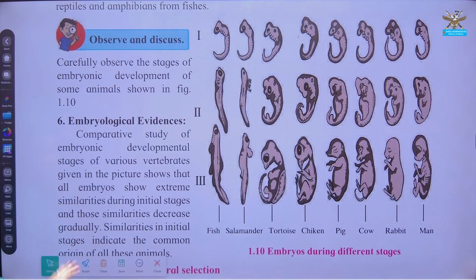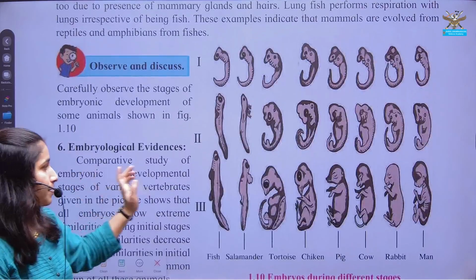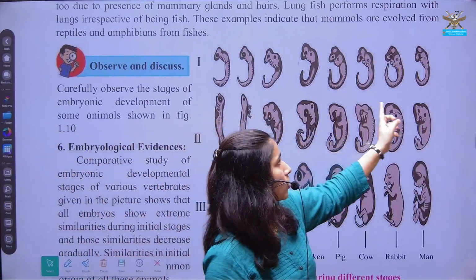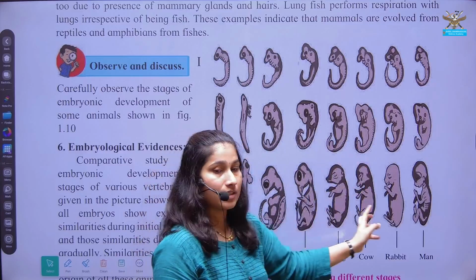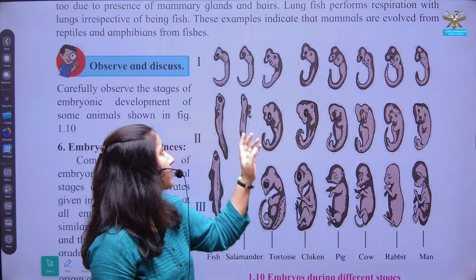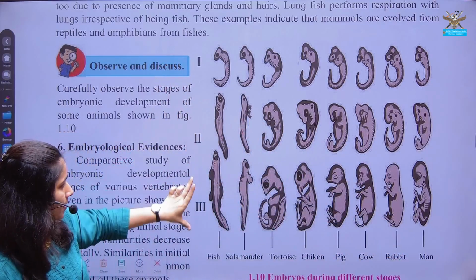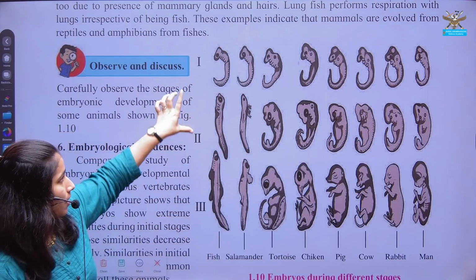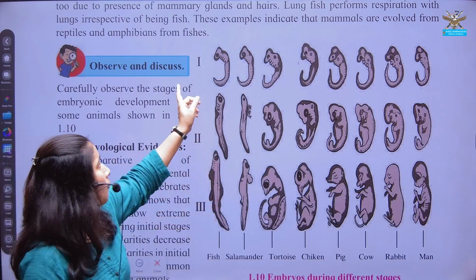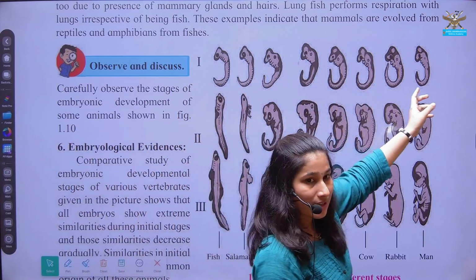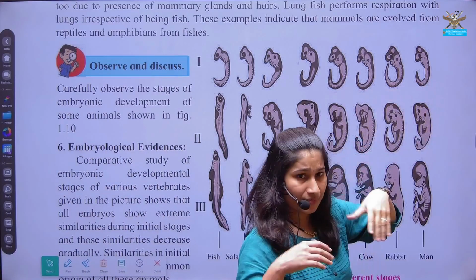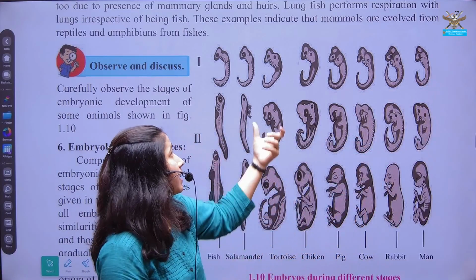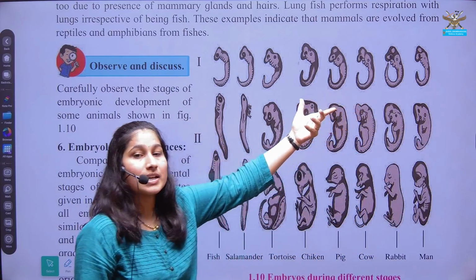Embryological evidences. Look at this picture. Can you see some kind of similarity between three groups? That is first trimester, second trimester, third trimester. In all these three groups, whatever developmental stage of the organisms is seen, it looks externally similar.